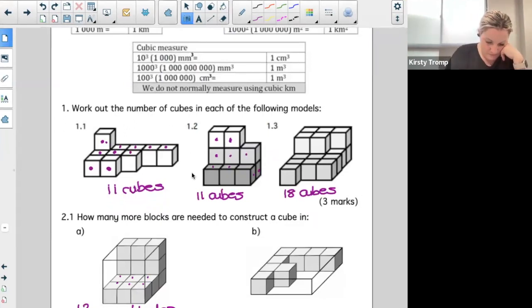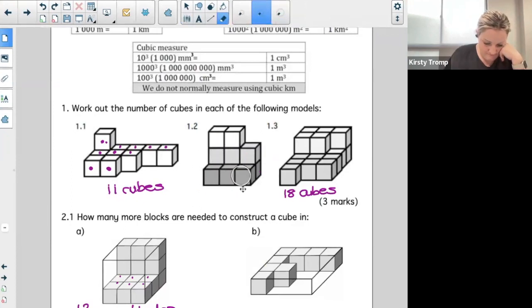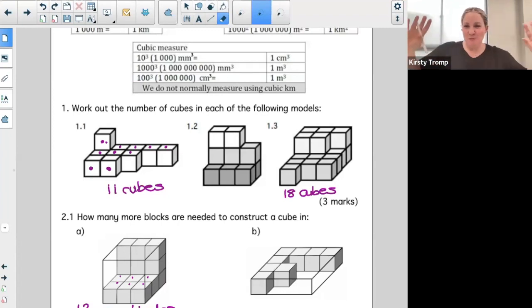When I was counting the cubes, I got 13 cubes, because I counted the bottom 3, and then I counted the 3 behind it. You see the bottom 3, ma'am? I counted the sides, the side of that third cube.